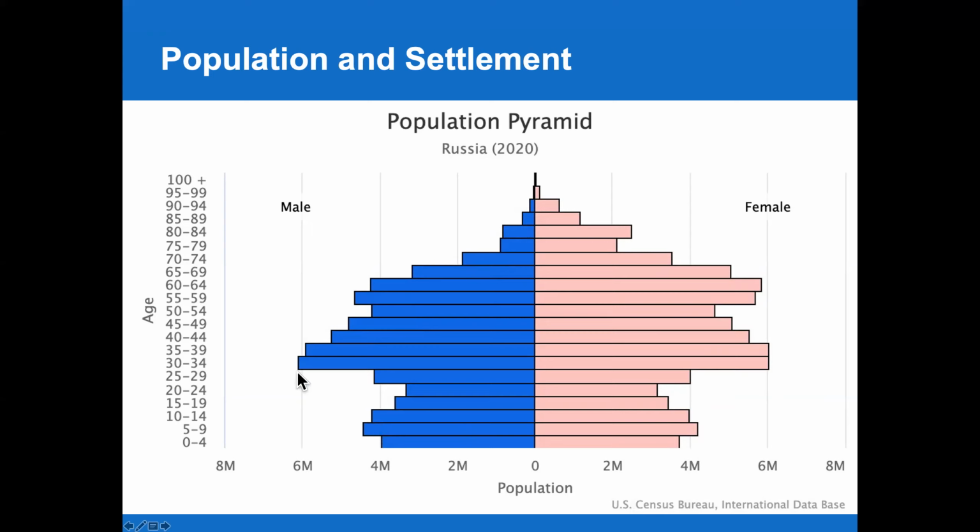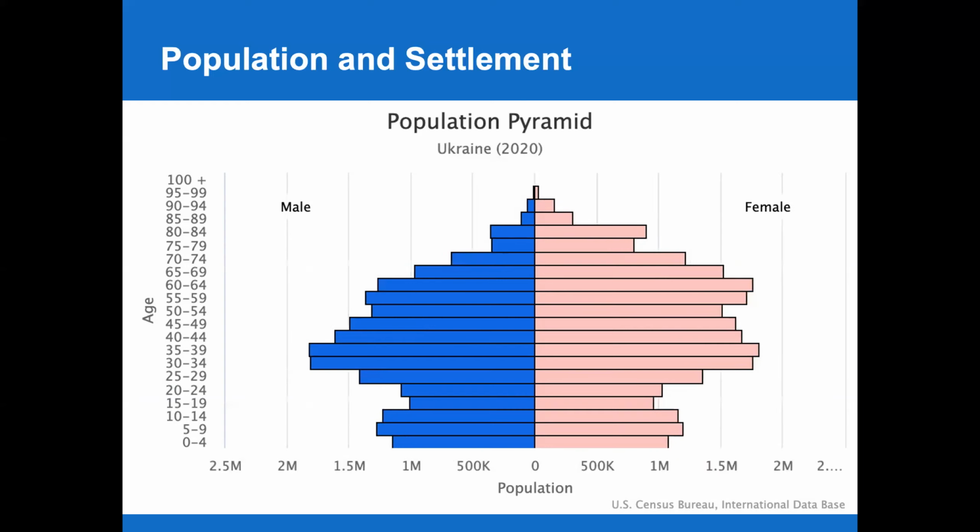And that was so for 5 and 10 years. It has barely recovered since then. So that's significant, you can see that world event manifested in the population pyramid. This is Ukraine in 2020, similar population shape.